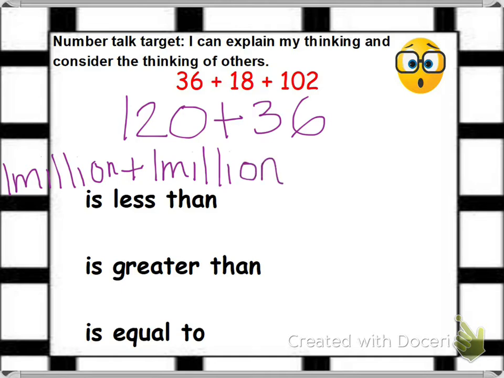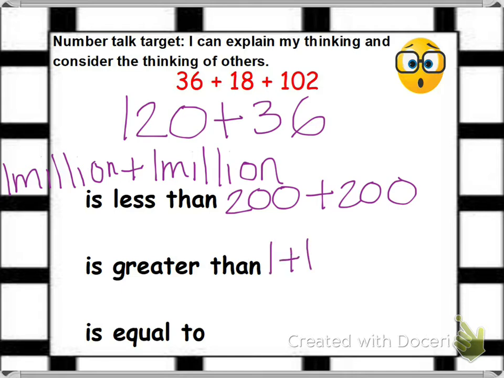I know you guys like to say 1 million plus 1 million. 120 plus 36 is less than 200 plus 200. 120 plus 36 is greater than 1 plus 1. 120 plus 36 is also greater than 100 minus 10.